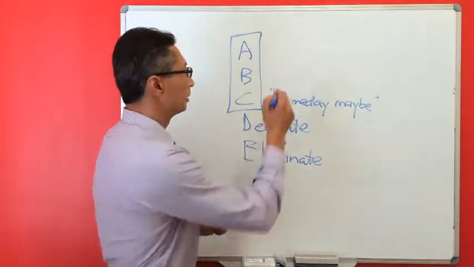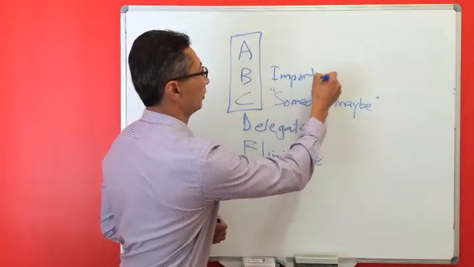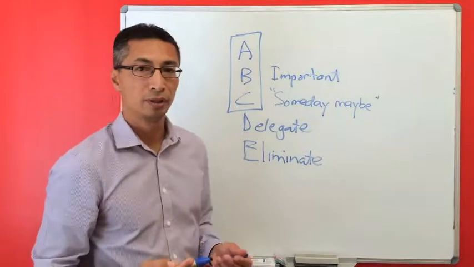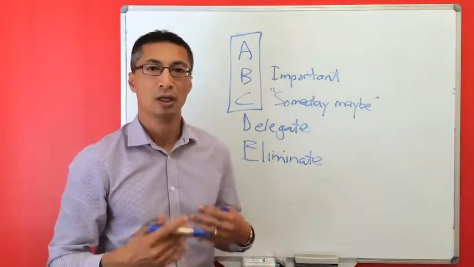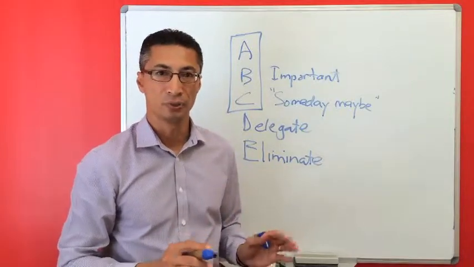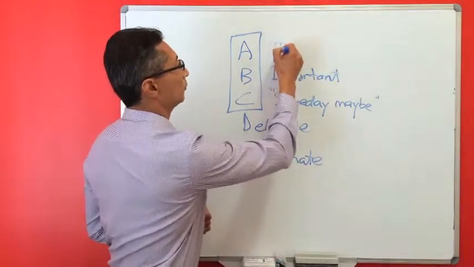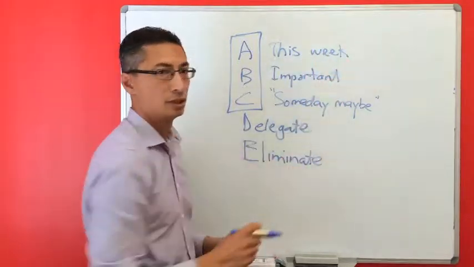The B items are obviously important things, but not things for this week. These are things that are on my project plan or on my list, but not immediately for this week. And then obviously A is this week.